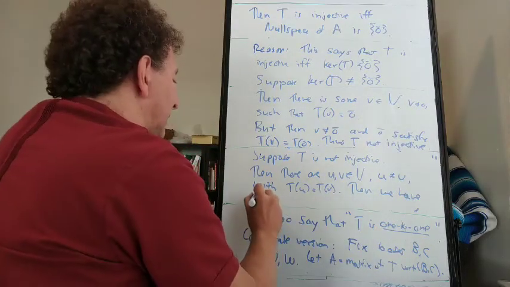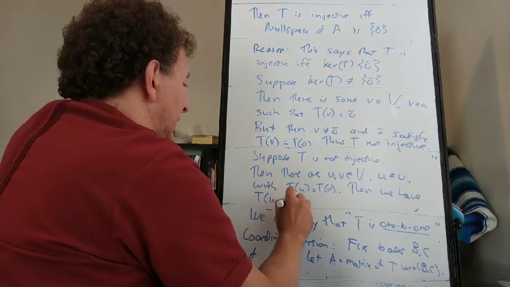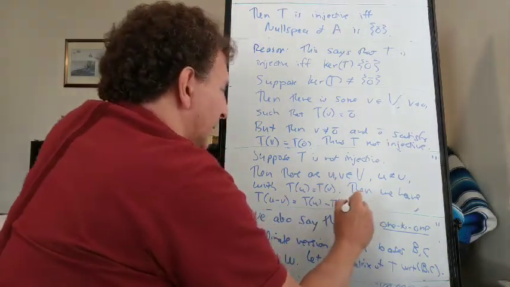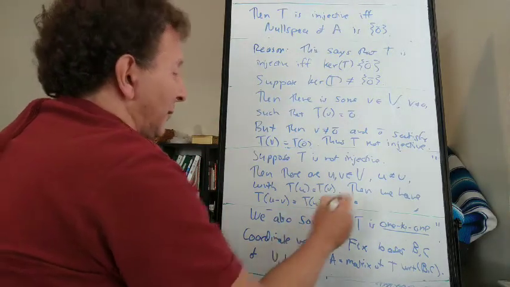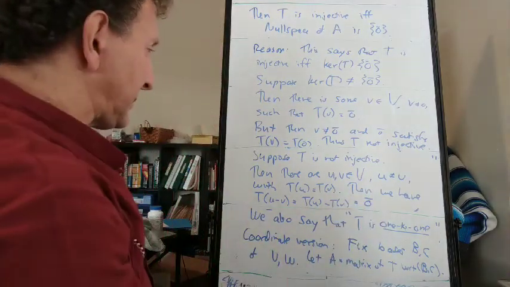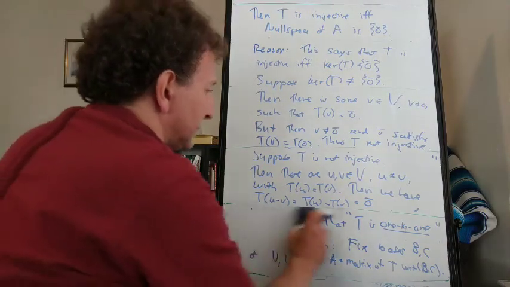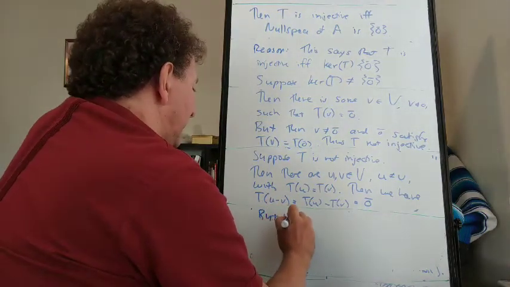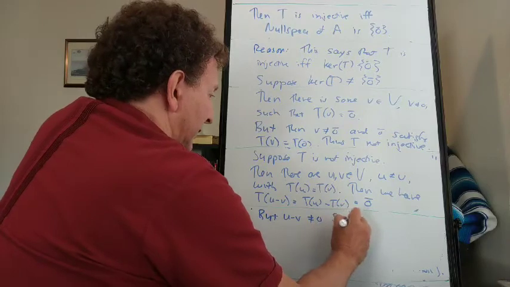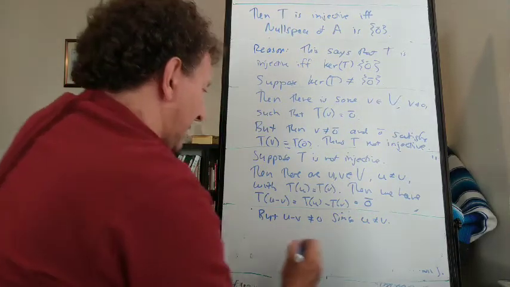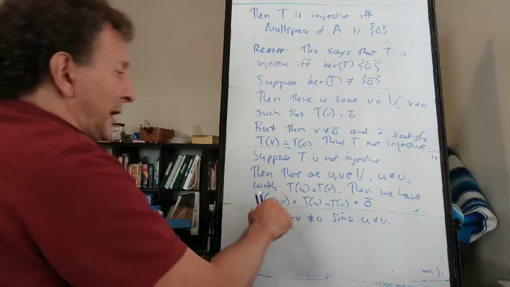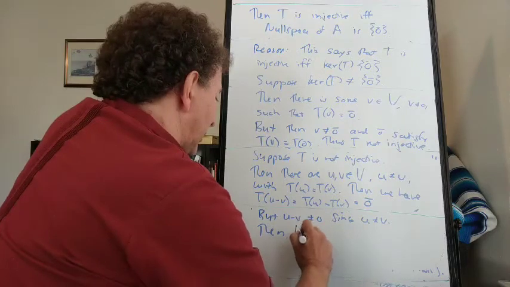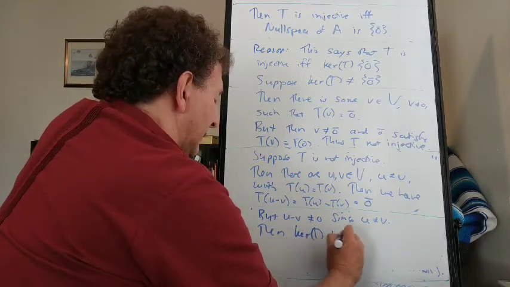If that happens, then we have T of u minus v equals T of u minus T of v because T is linear. And if T of u and T of v are the same thing, then this is 0. But u minus v is not 0, since u and v are supposed to be different. So that means that we have something in the kernel. We have something that mapped to 0 besides 0. So that means that the kernel of T is not just the 0 vector.